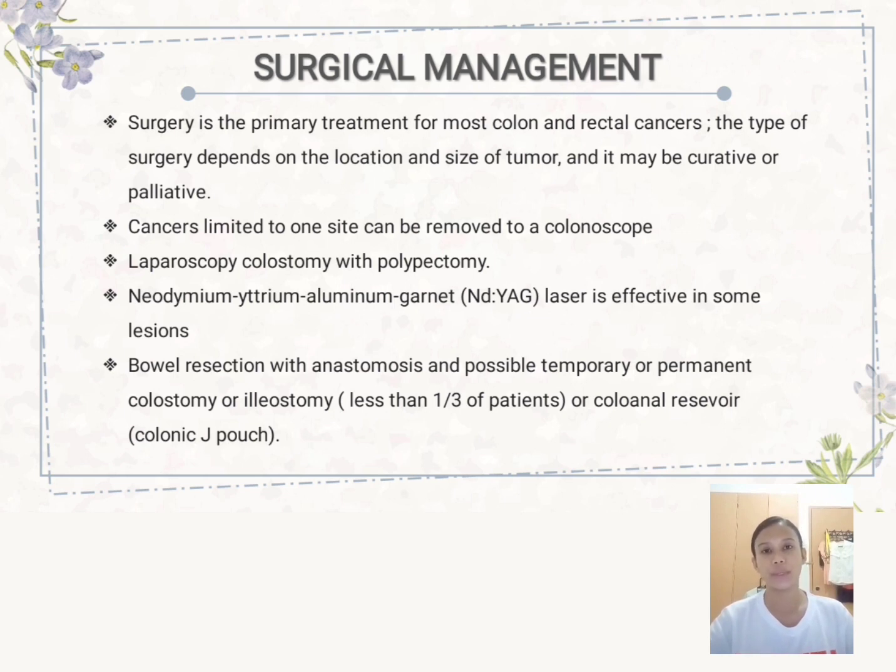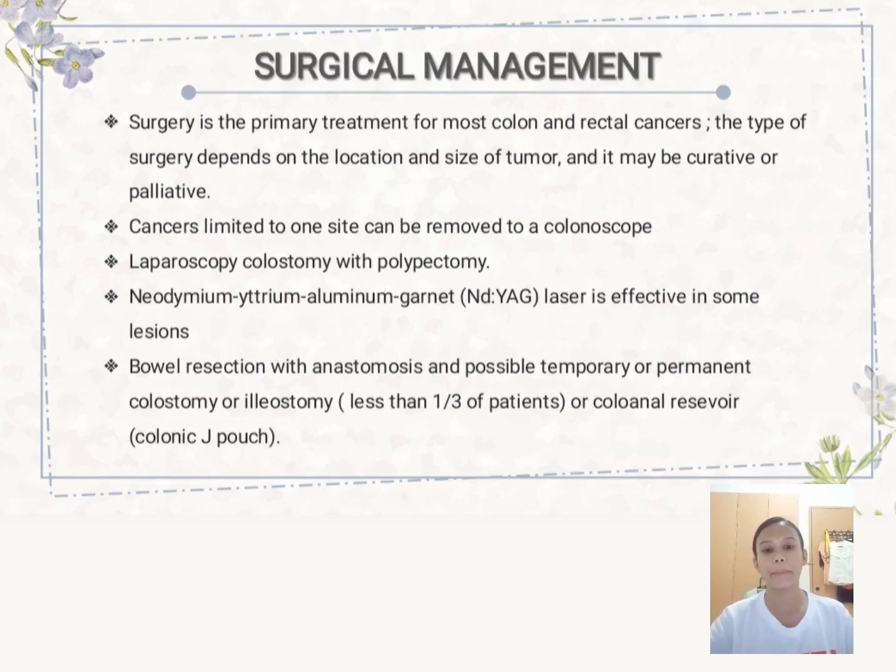Laparoscopy or colonoscopy with polypectomy, or removal of the polyp, is the procedure to be done. Neodymium yttrium aluminum garnet laser is effective in some lesions. Bowel resection with anastomosis and possible temporary or permanent colostomy or ileostomy or coloanal reservoir may also be done.